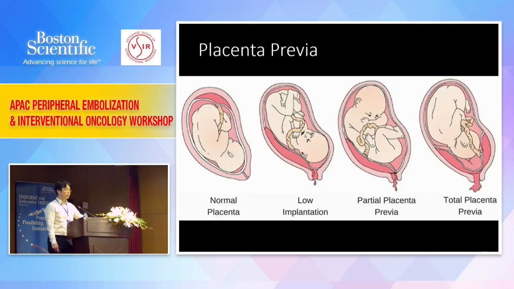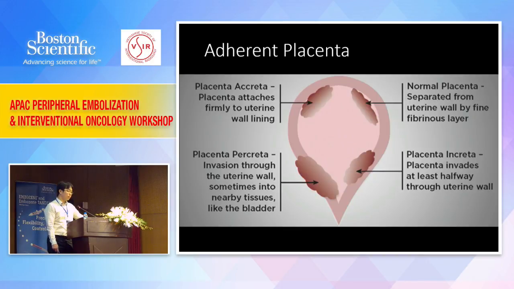This is just a simple slide to understand how placenta previa is anticipated in the prenatal setting. We expect the placenta to be at the top of the uterus near the fundus, but that's not always so. You have a low implantation placenta or partial implantation and a total implantation where the placenta really prevents the baby's head from coming out.